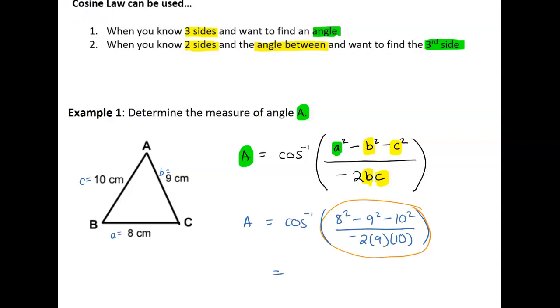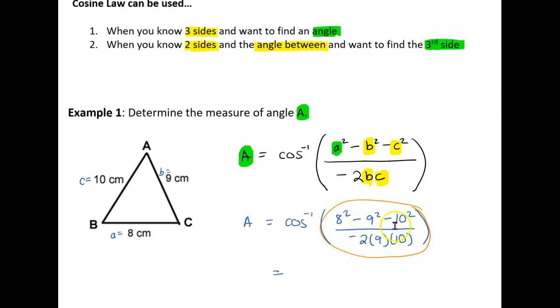If you're following along, calculate the 8 squared minus 9 squared minus 10 squared first. Then when you divide, make sure you put the denominator in brackets. That way you're doing the answer divided by, in brackets, negative 2 times 9 times 10, so that you're getting this answer divided by this answer, okay?